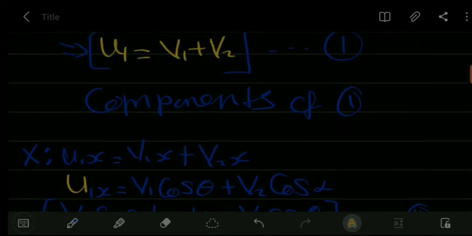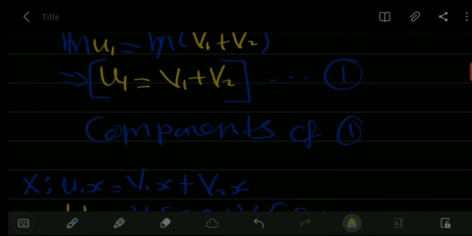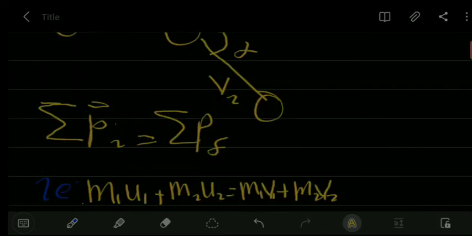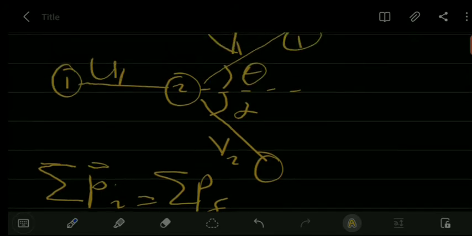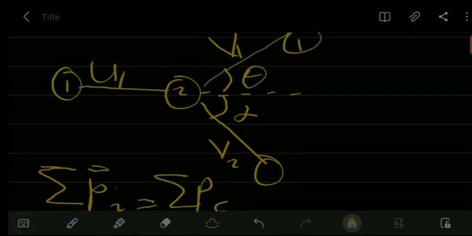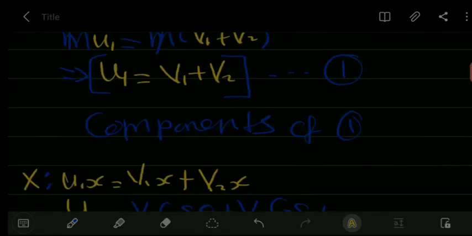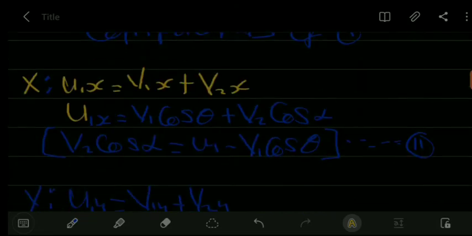So for the x components of equation 1, we have u1x giving us v1x plus v2x. If we consider the components from this diagram, we have u1 equals v1 cos theta plus v2 cos alpha. Okay, that is the x direction.